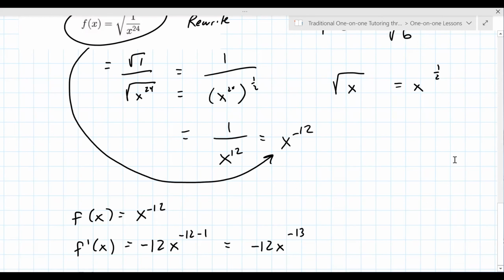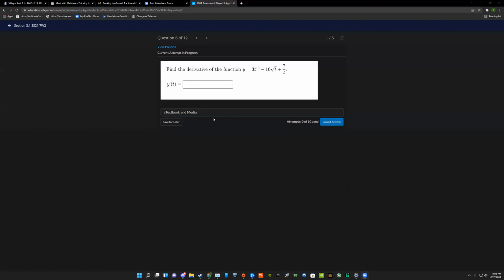Negative 13. And there we go. All right. I'll share my screen for the next one. Share this one. Yeah, let me grab a snip of this.